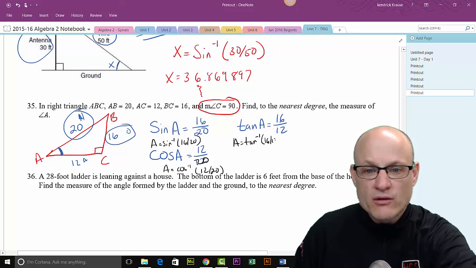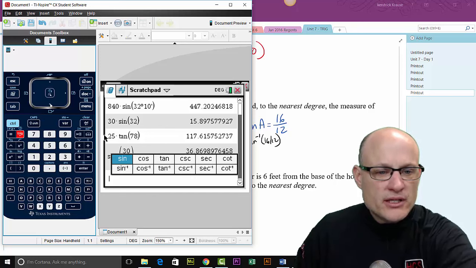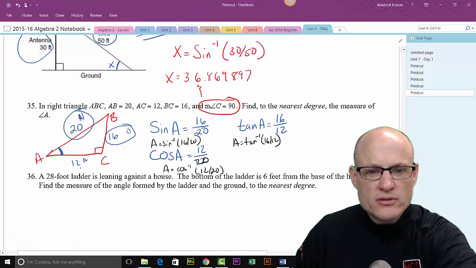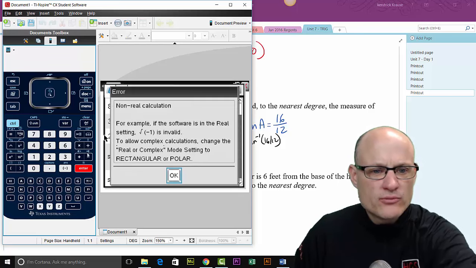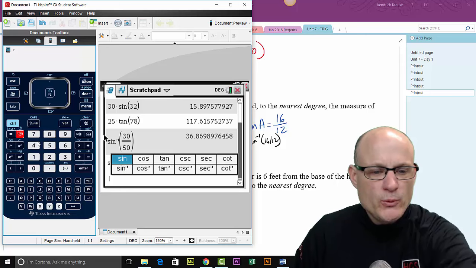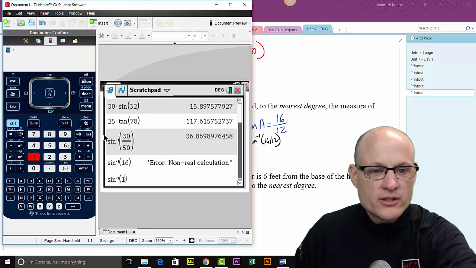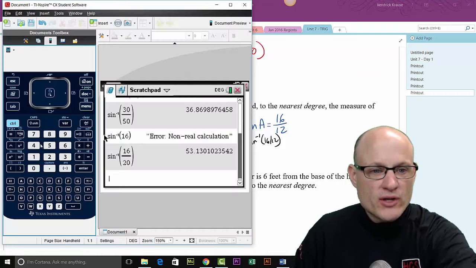So, inverse sine of 16 divided by 20. Inverse cosine of 12 divided by 20.